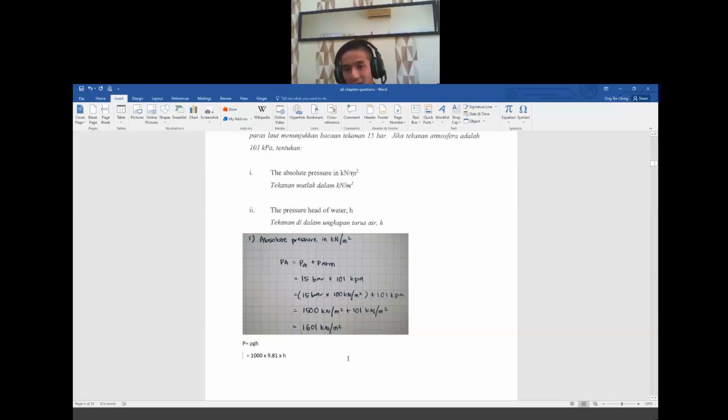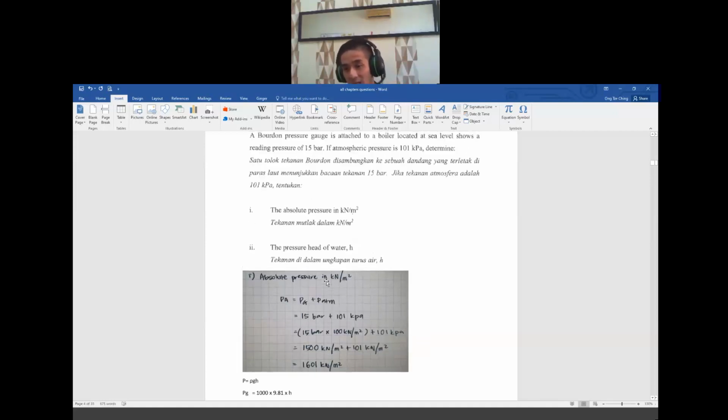Any other suggestions? Okay, so I think you need to know that the pressure we are going to consider for this kind of situation will be PG, the gauge pressure itself. Because in normal situations, the atmosphere pressure will become the datum level itself.